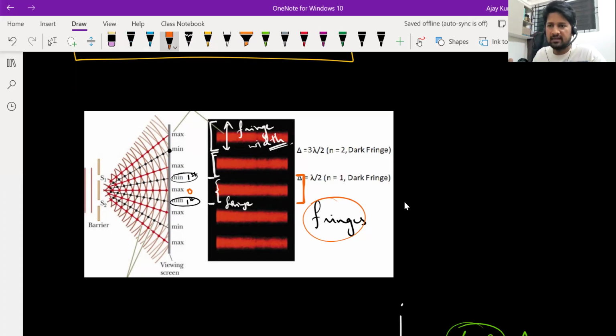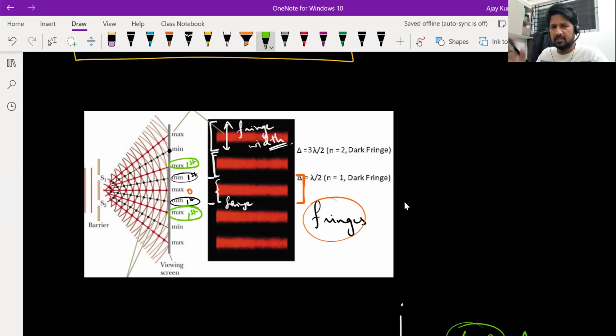Numbering wise, O is given the number 0. It's the 0th maximum. The next maximum on either side of O is called the first maxima. This is how the numbering is done, and you need to remember this.